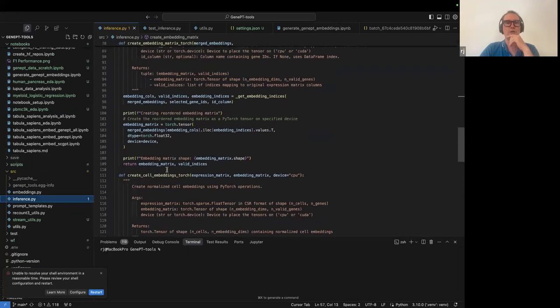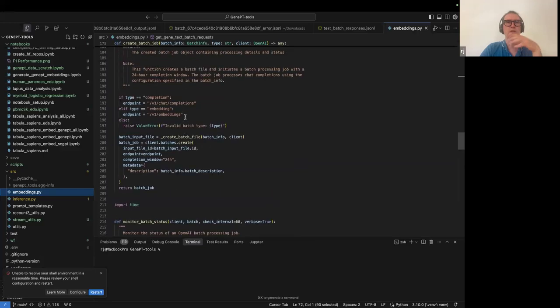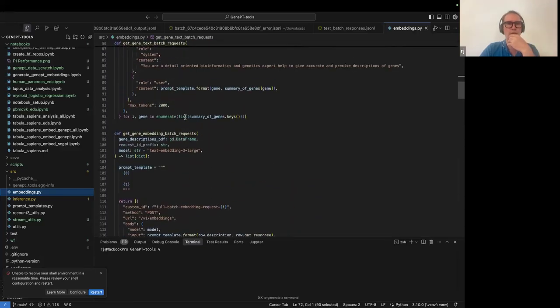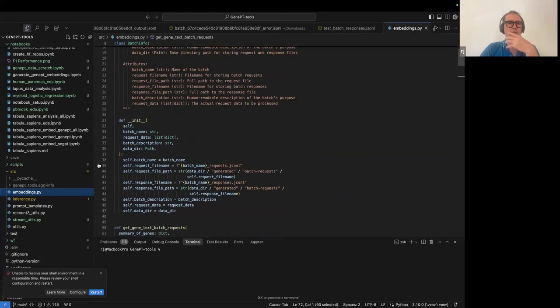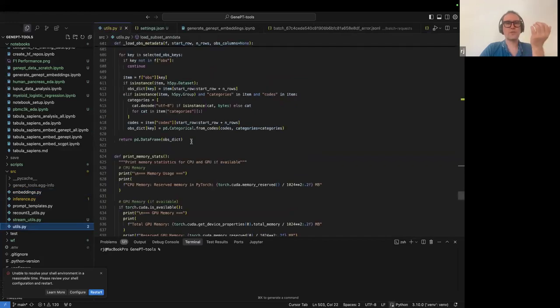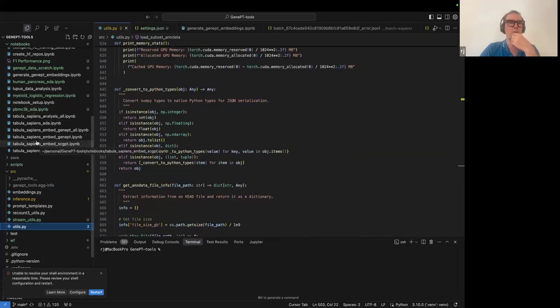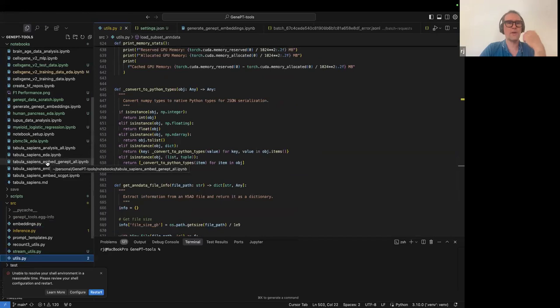So here's how you do the inference. This is embeddings. This is all open source. I'll share the link. And you can see there's a bunch of utils, right? I call these from my notebooks, and as I develop them, I realize, oh yeah, this is a common thing, or people would benefit from this, and I add them there.